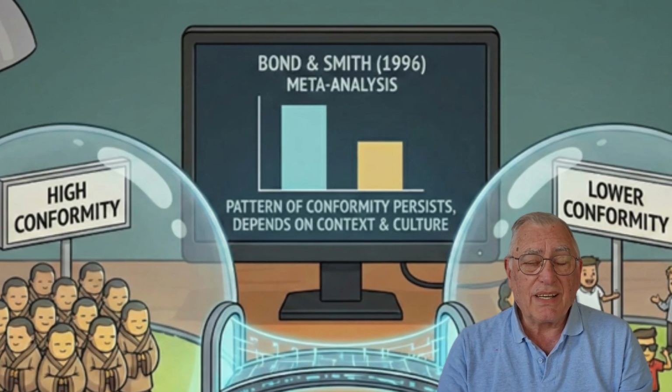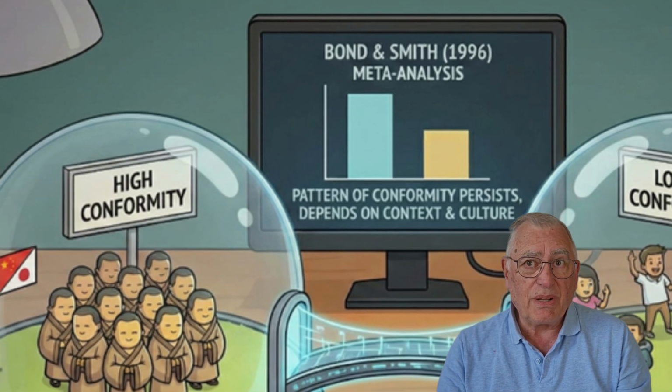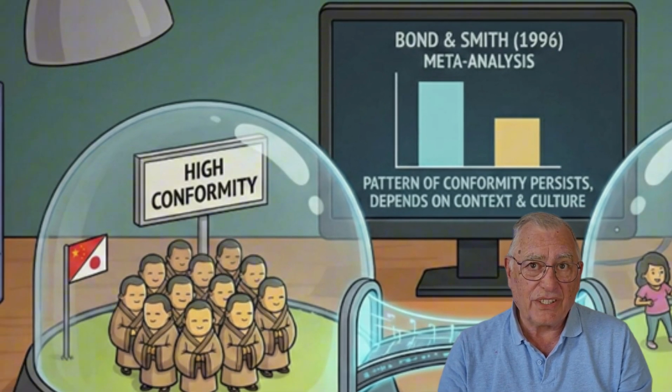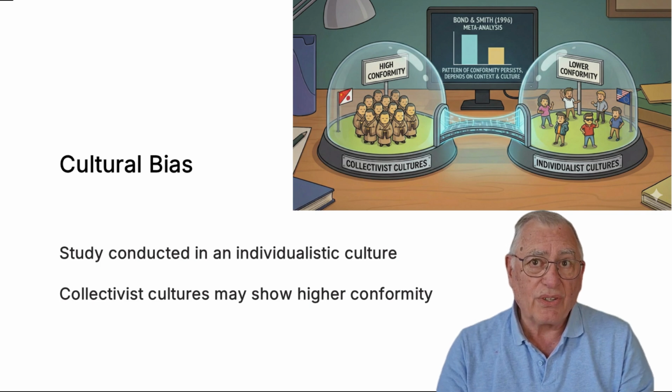Bond and Smith's 1996 cross-cultural meta-analysis supports this, finding that conformity varies across cultures and tends to be higher in collectivist countries. And this suggests that the pattern of conformity still exists, but its strength depends on cultural context.